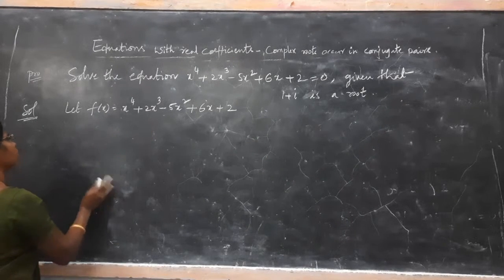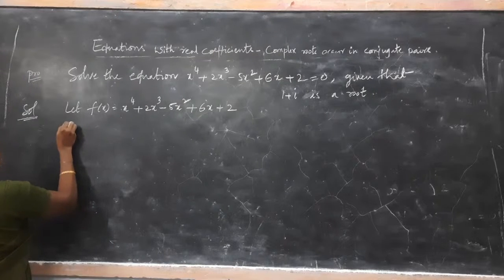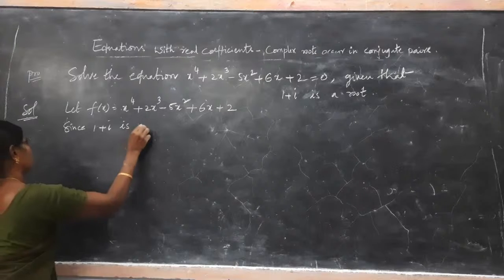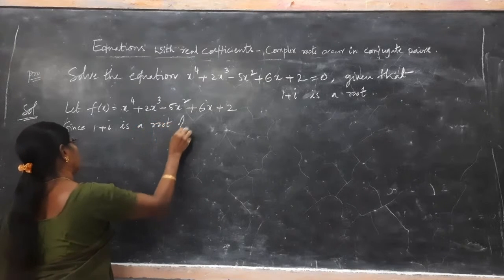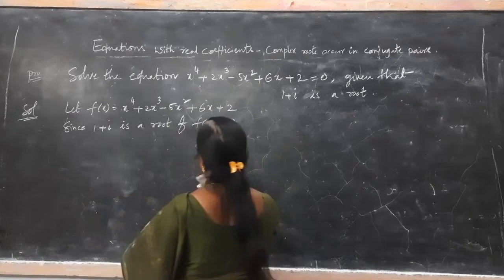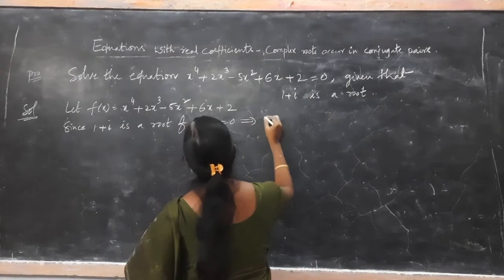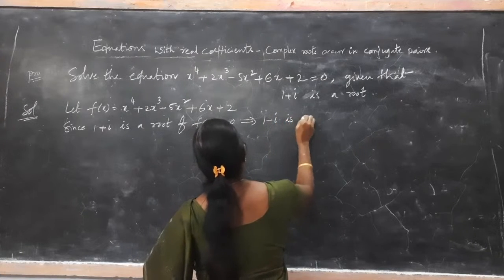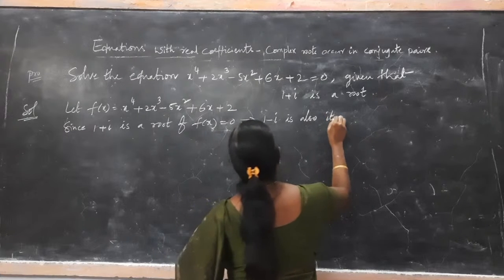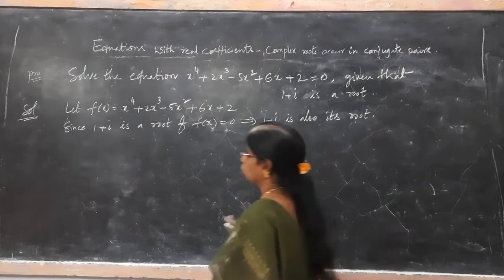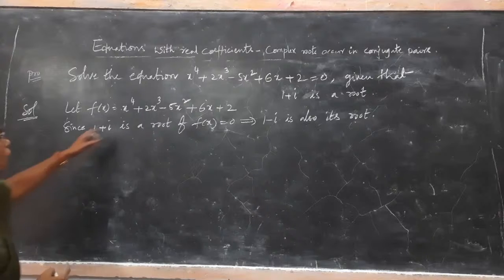Given that 1 plus i is a root of f of x equal to 0, it implies that its conjugate 1 minus i is also its root, because all coefficients are real.